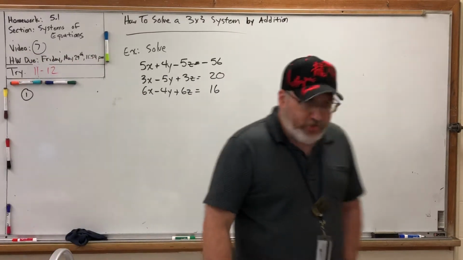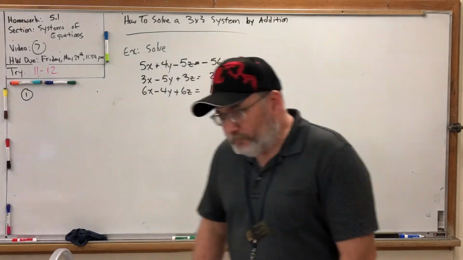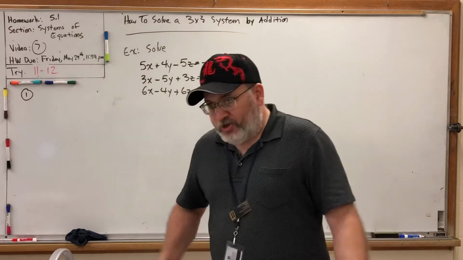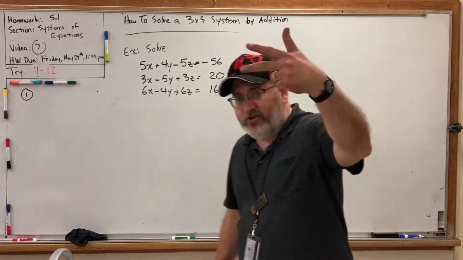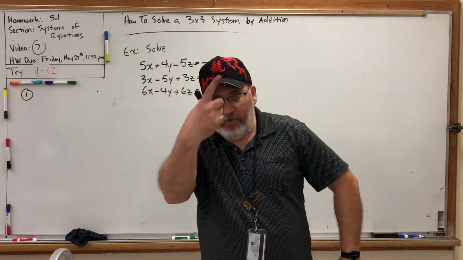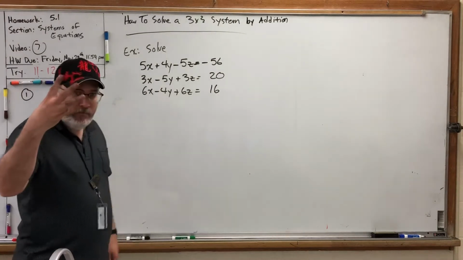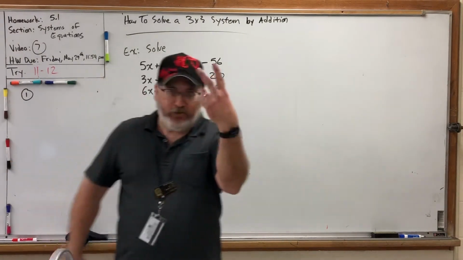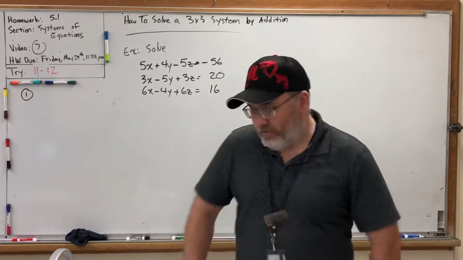This is the technique that I can describe most cleanly, how to solve a 3x3 system by addition. Let me tell you the general plan of attack. When we solved the 2x2 system, our move was geared to shrink it down to a 1x1 system, which we could solve. So from two equations with two variables to one equation with one variable. Our strategy for a 3x3 system is to shrink it down to a 2x2 system, at which point we shrink it down to a 1x1 system and then solve it.